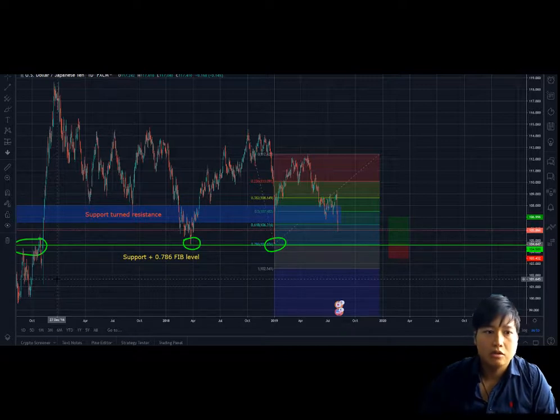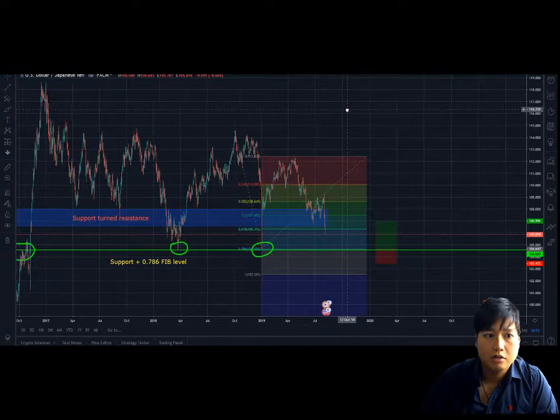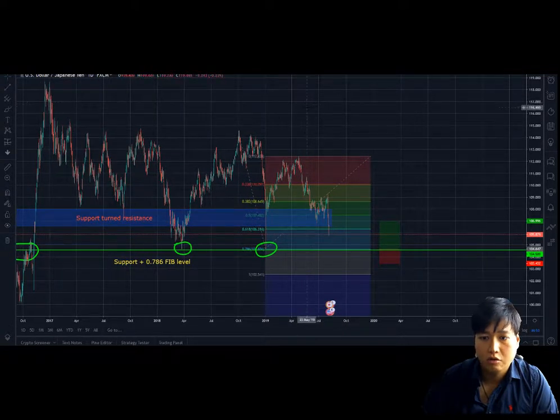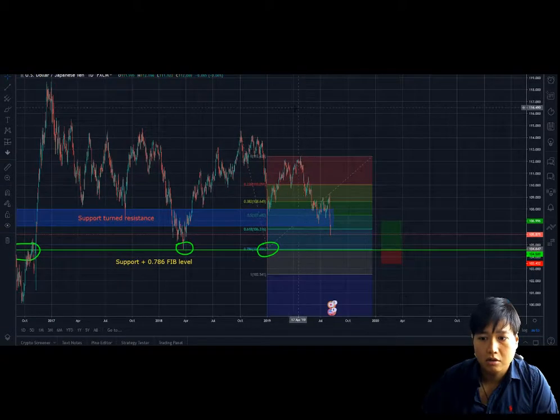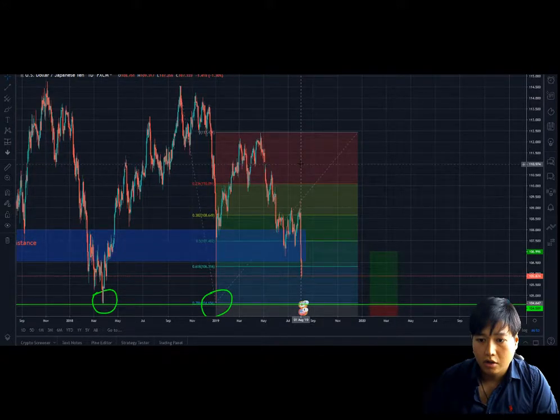So let's begin. So here we have a chart of the USD JPY, US dollar to Japanese yen, and you can see I've already drawn out several things on the chart here. So you can see the price has been going down very sharply over the past few days.